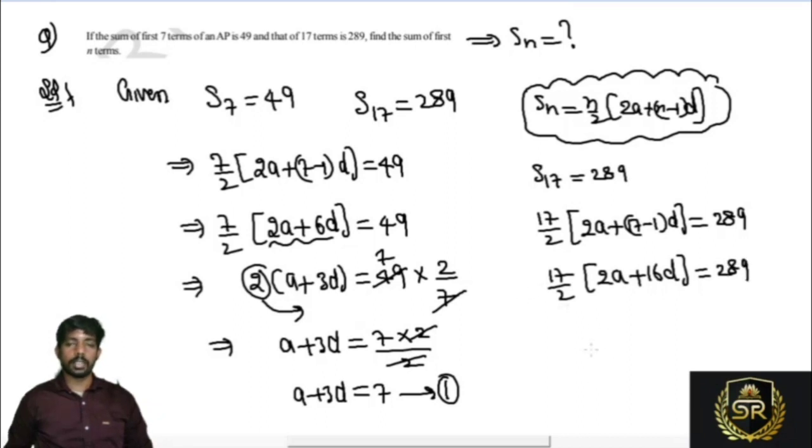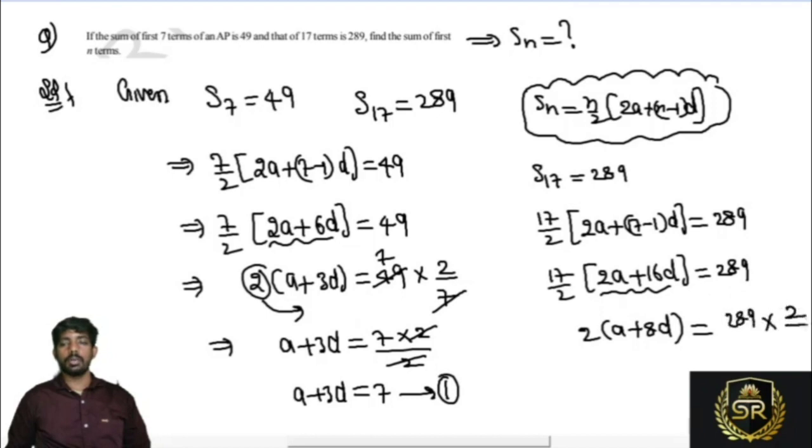From here, I am sending 17 by 2 to the right hand side and taking 2 common, a plus 8d. 289 into 2 by 17. If I send this term to the right hand side, I get the reciprocal.